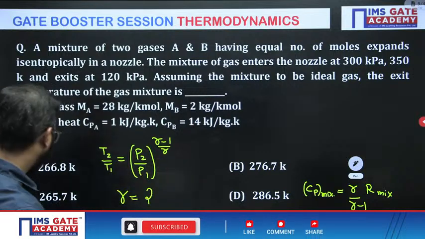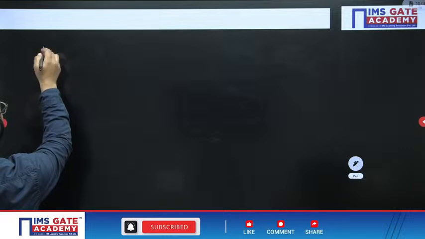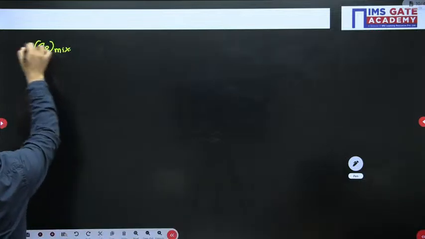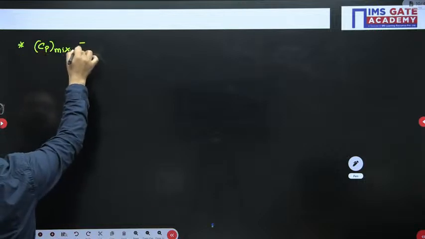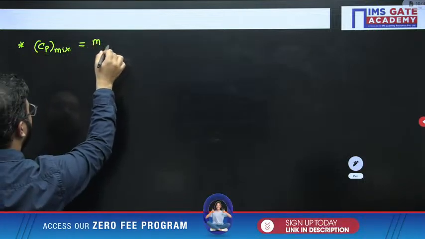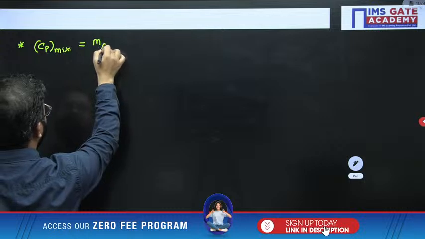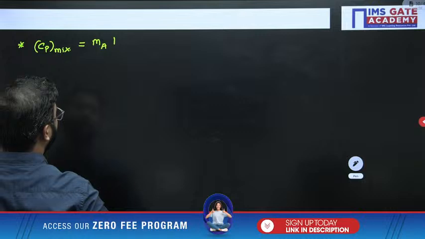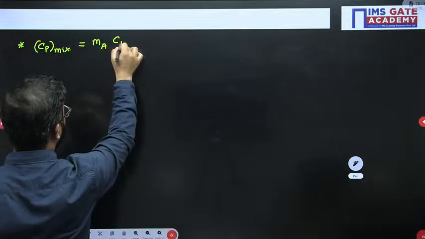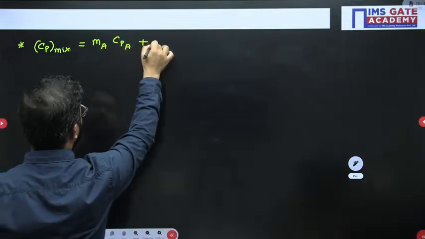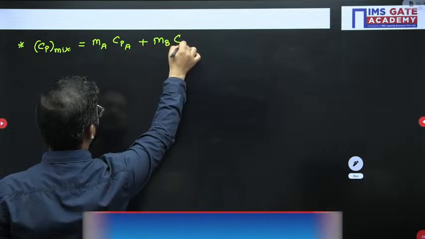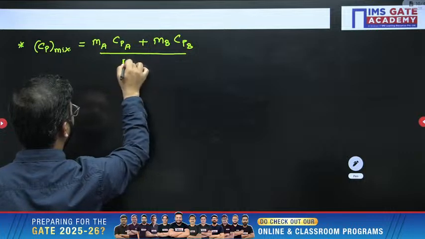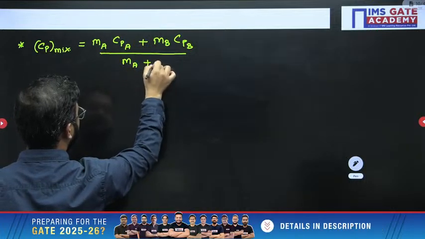Now, to calculate Cp of mixture, what I will do, see. All these formulas are very, very important. Mass of gas A into the Cp value, Ma Cp of gas A, plus mass of gas B times specific heat of gas B, divided by Ma plus Mb basically.